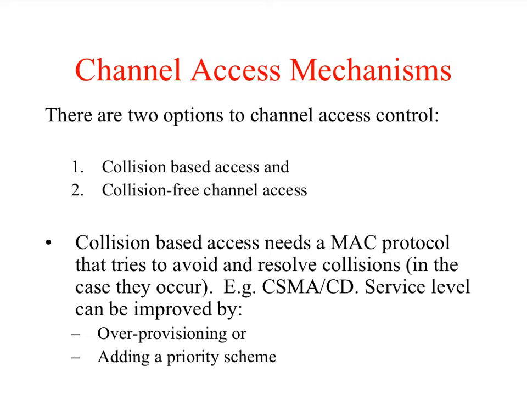Using certain mechanisms, we can classify the channel access mechanisms into collision-based access, which means that we don't have initial control over who can talk when. So we'll allow anyone to talk at any point in time, but hopefully we will not have disturbance.